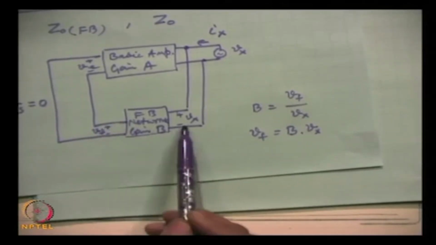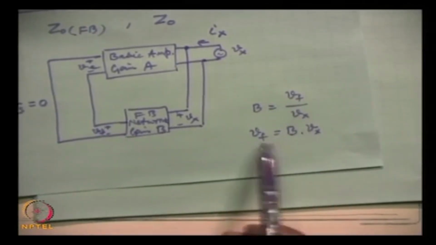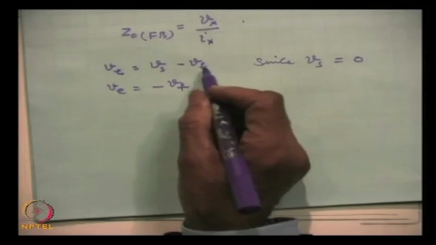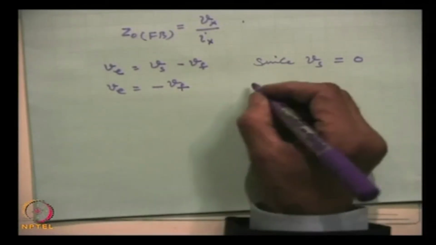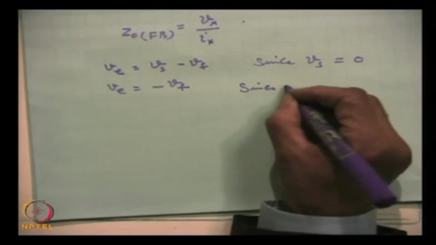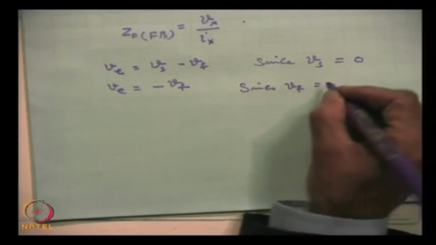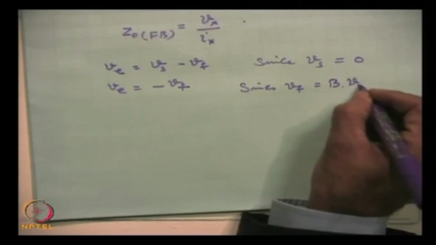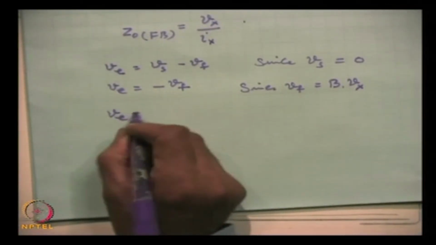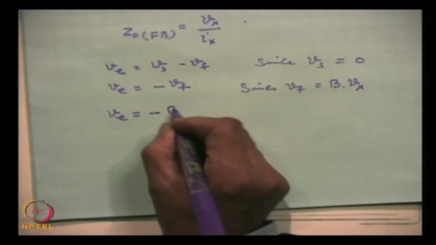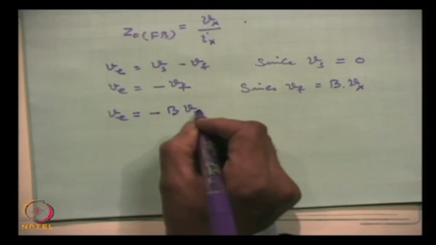Output to input is the ratio, which gives V f equal to B V x, and that V f we substitute here. So, since V f is equal to B into V x, our error voltage becomes minus B V x.